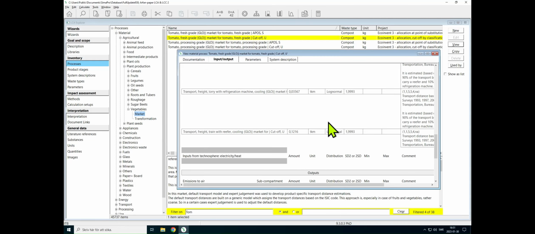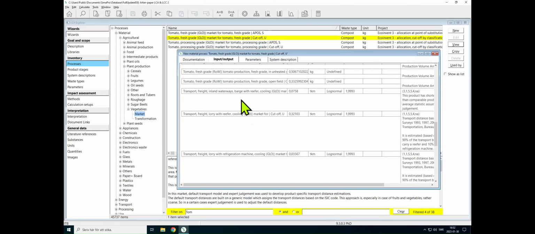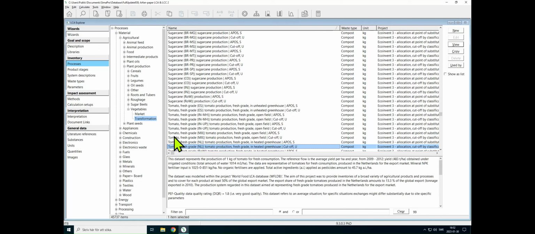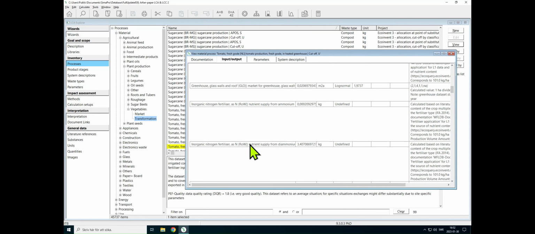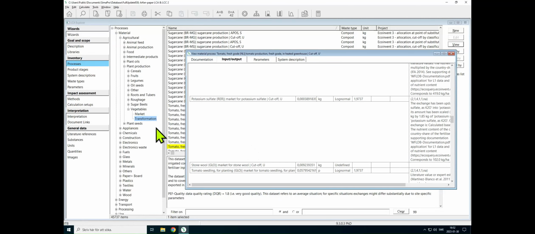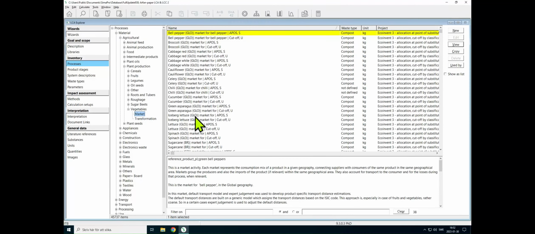For example, if we click on this process, you see we came back to the transformation process, and if we click on that, then we know how much electricity and other inputs this transformation process has considered. So the market process represents a data set that consists of parts of the data sets from other transformation processes.